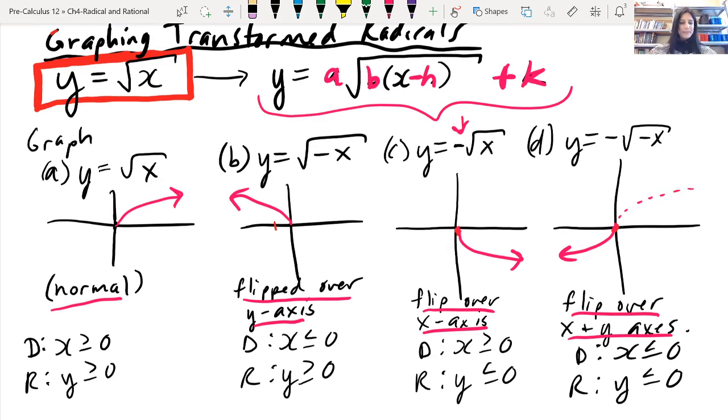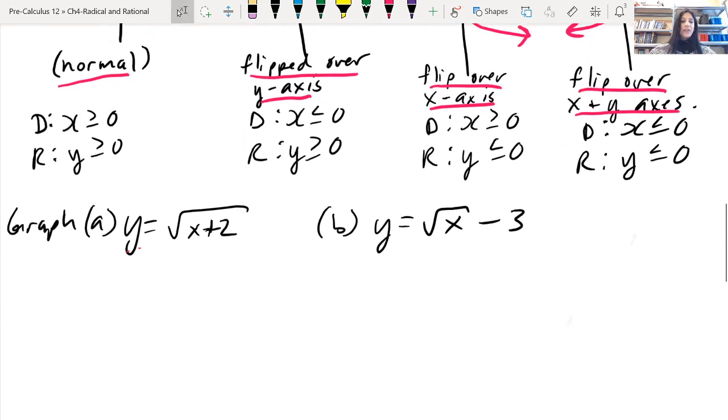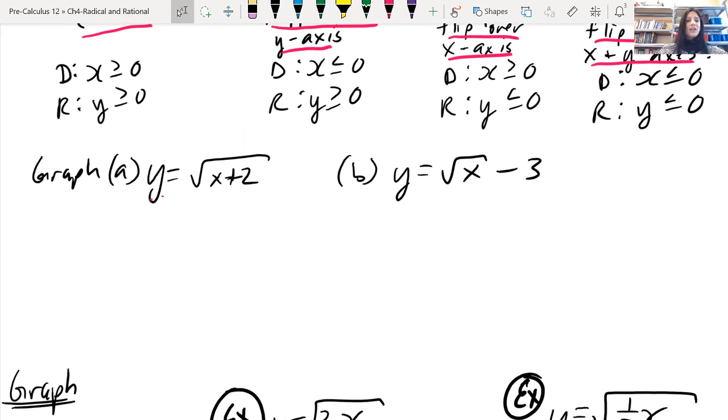So that's this stuff here for each of them, and just ensure that you understand where that's coming from. Okay, so having gone through the reflection part of it, let's take a look at the impact that this transformation would have on our graph. So if we have, well, maybe I'm going to draw it dotted again. That would be my basic graph if I had just y equals root x.